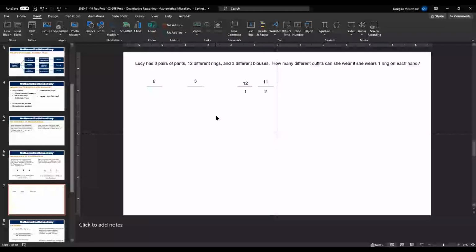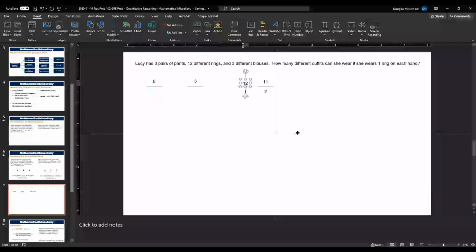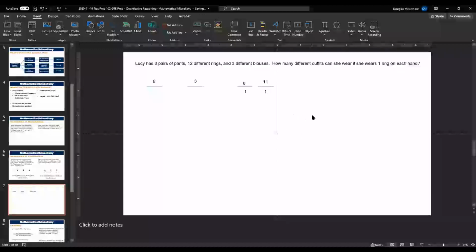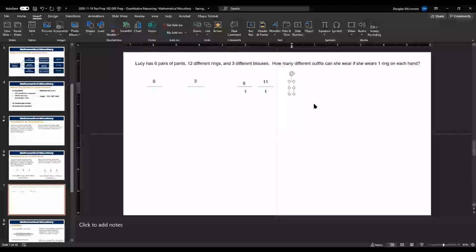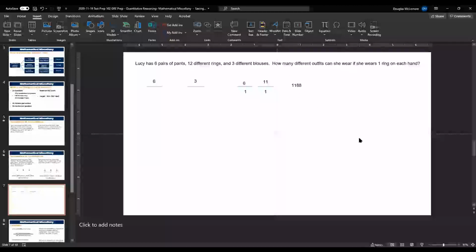I could cancel my 12 and my 2, make that 6 and 1. And what's my math after that? What's my final answer? I'm going to pull out a calculator. You can too. Times 3 times 6 times 11. 1188 is my final answer for this question. 1188.